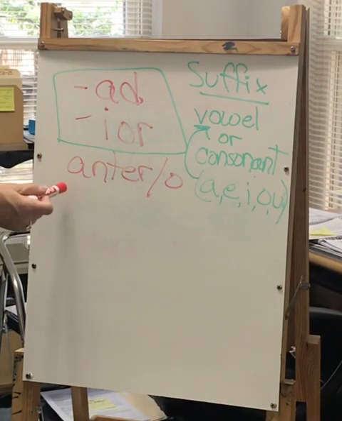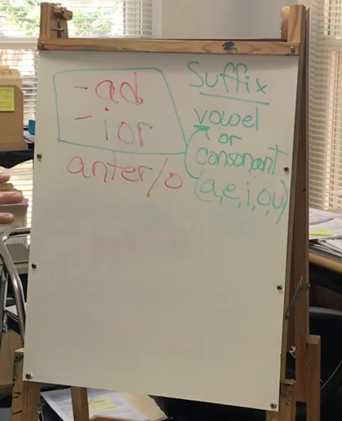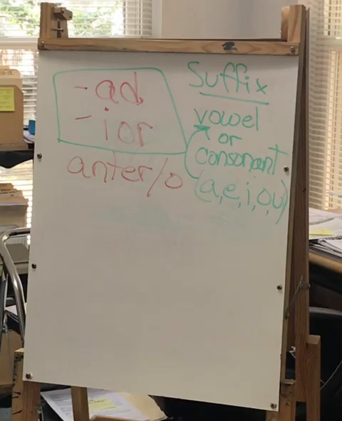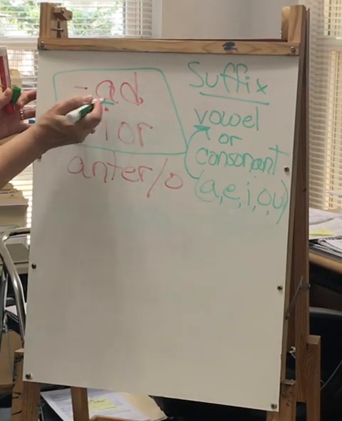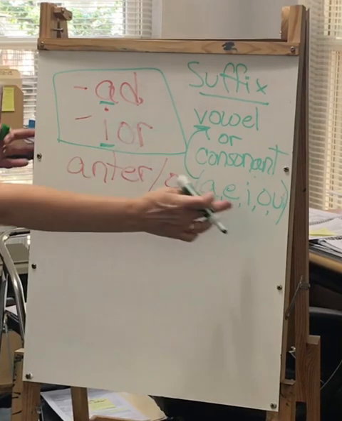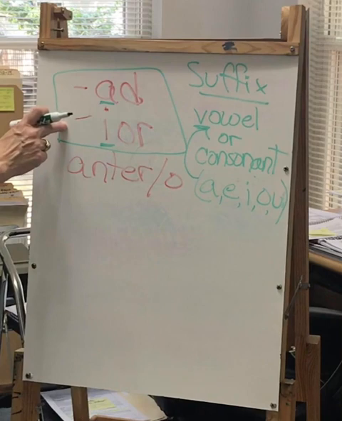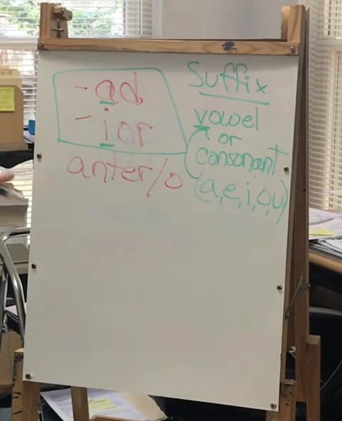In this chapter, and only in chapter 3, the suffixes you learned, both of them begin with a vowel. This one begins with A, this one begins with I. So in this case, for this chapter, you're not going to have any combining vowels when you dissect the words, when you analyze them.